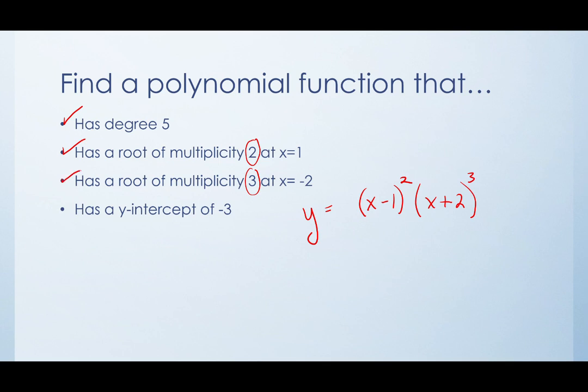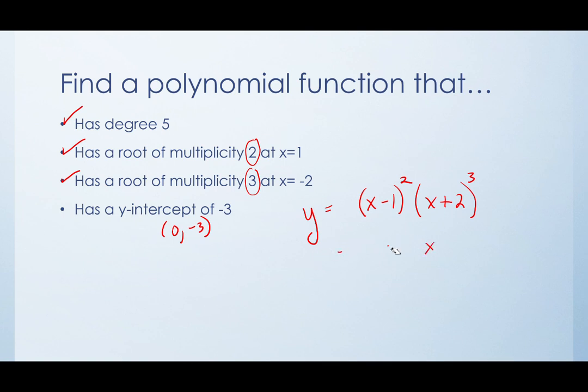What we haven't figured out is, does it have a y-intercept of negative 3? So here's our first question. If I plug in 0 right now, do I get out negative 3? I would get negative 1 squared, that's 1, times 2 cubed, 8. So that's not working.